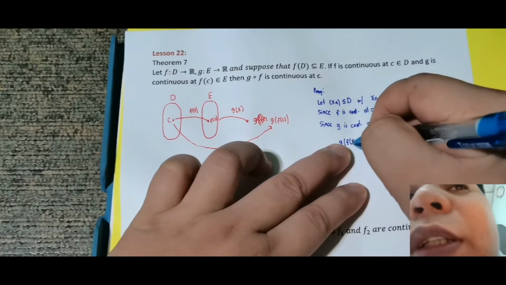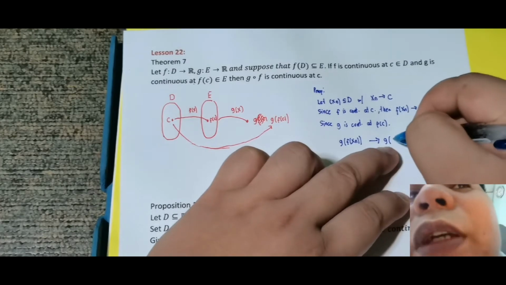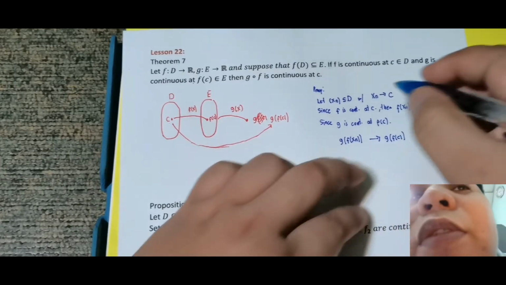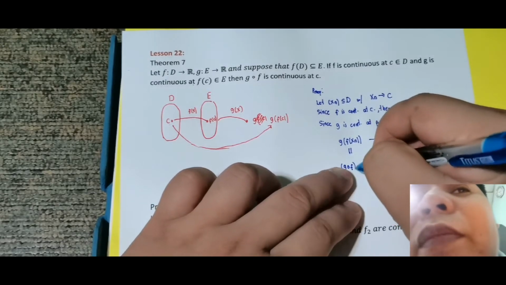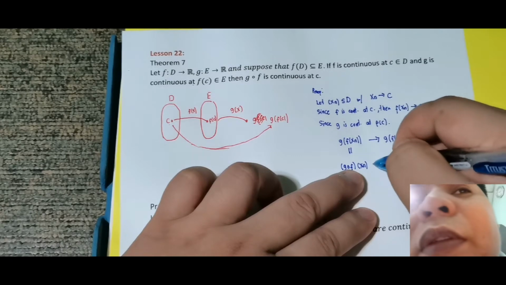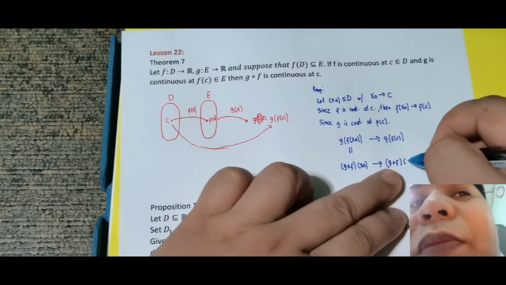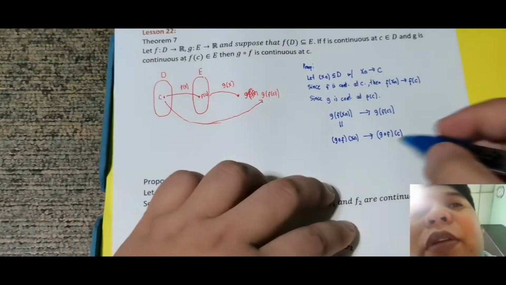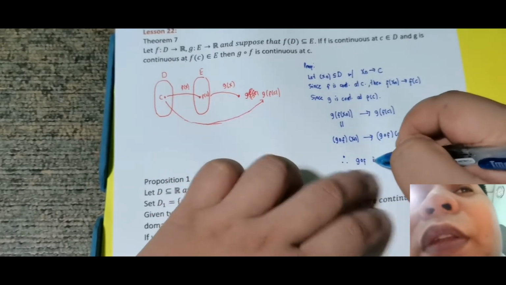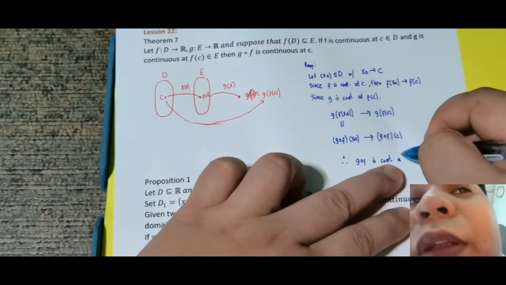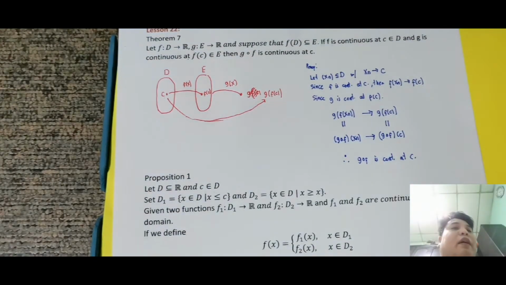So kunin natin x sub n. This implies that g of f of C, which means, ano ba ibig sabihin nito? Ibig sabihin nito, ito ay g circle f of x sub n approaches g circle f of C. Okay, so therefore g circle f is continuous at C, kasi nakikita ko na doon. So again, ito ay equal din doon. Okay, so ganun lang siya kasimple.